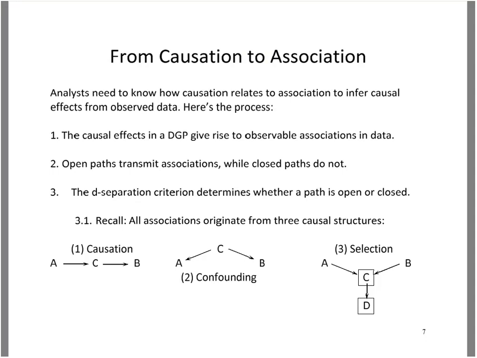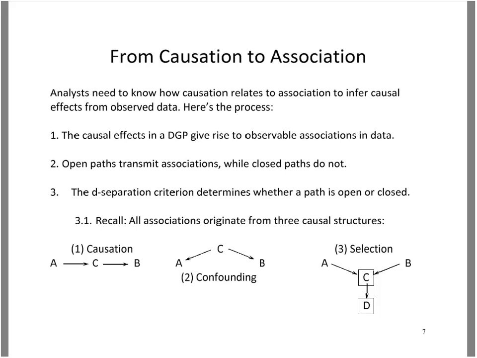Now, how do they give rise to it? Well, they give rise to them by making association flow along paths. Now, it turns out that only open paths transmit association, whereas closed paths do not. Hence, we ask, which paths are open, which ones are closed?